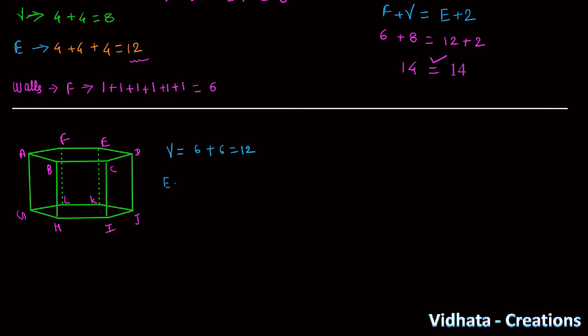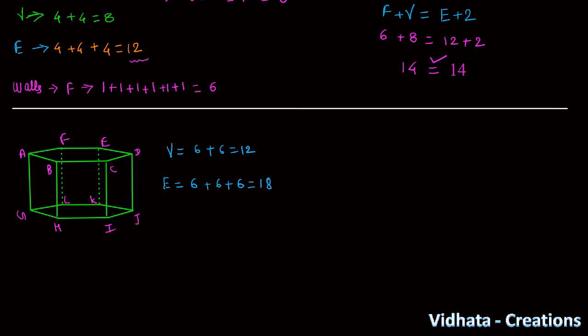If you count the edges, at the top there are A to B, B to C, C to D, D to E, E to F, F to A. Total 6 edges. Likewise at the bottom 6 edges are there. And if you see vertical edges, B to H, A to G, C to I, D to J and so on, there are 6 edges. So in all we have 18.